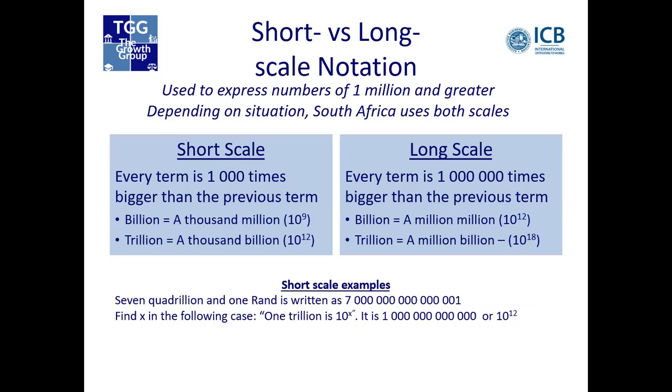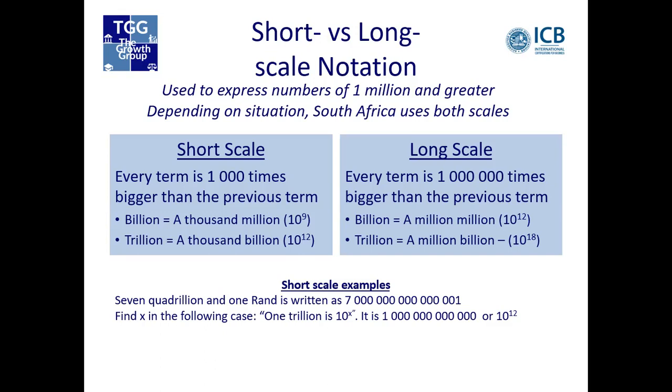Now we get to something interesting. It's notation. We get short and long notation, and it is used to express numbers of 1 million or greater. Depending on the situation, South Africa uses both scales. Mostly in English, we use the short scale, where every term is 1,000 times bigger than the previous term. So when you talk about 1 billion, we are referring to 1,000 million.